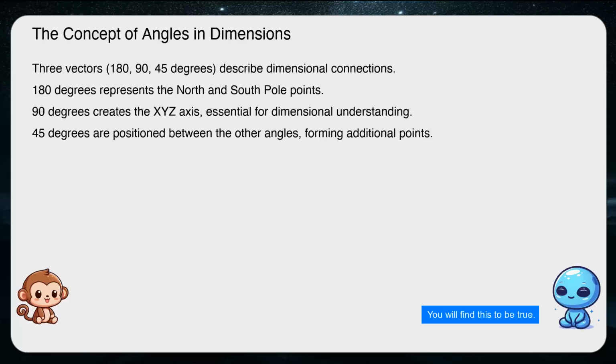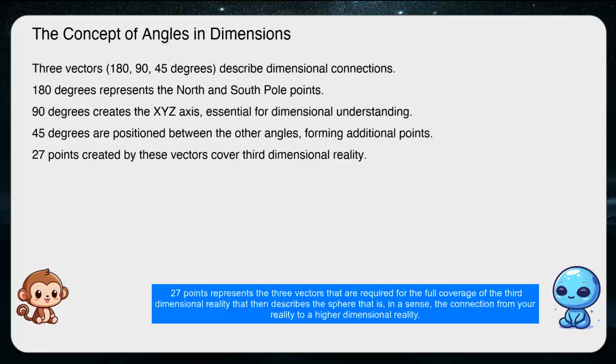You will find this to be true. 27 points represents the three vectors that are required for the full coverage of the third-dimensional reality that then describes the sphere, that is, in a sense, the connection from your reality to a higher dimensional reality.